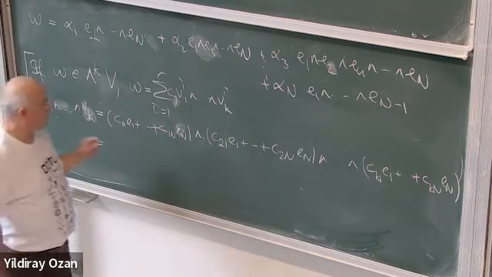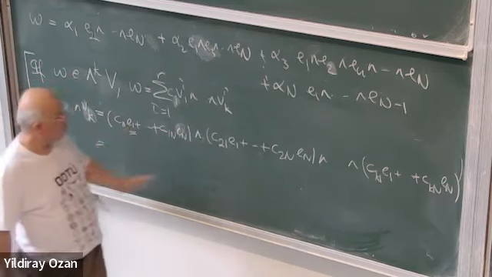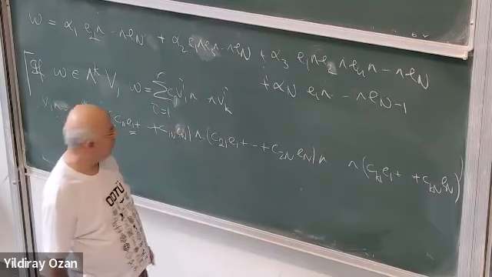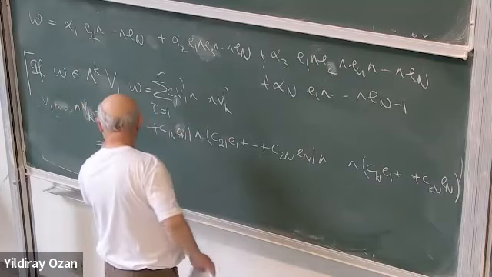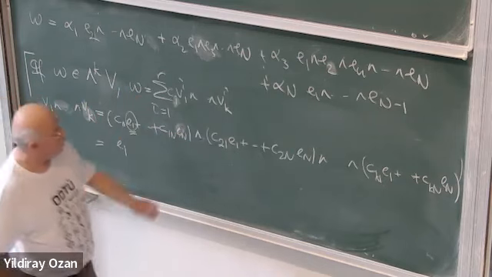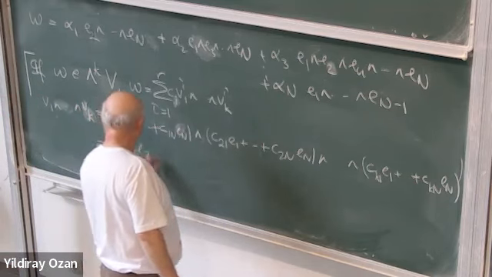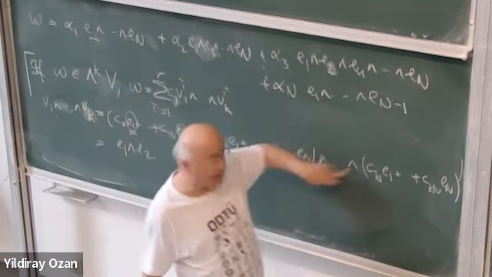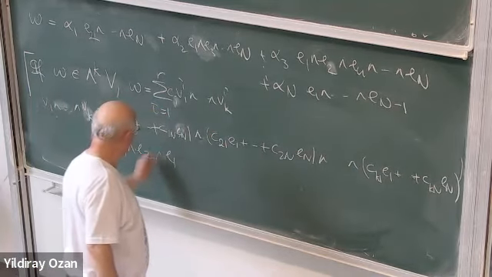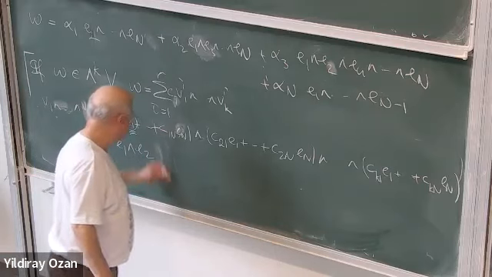But we should keep in mind the following. If I choose, for example, e1 here, I should not choose e1 again, because it will give me 0, since e1 wedge e1 is 0. So if I choose the first term here, then I should choose some other term here, like e2. And in the next one, I cannot choose e1 or e2, because then I will get 0 again, right? Any two of them cannot be equal.